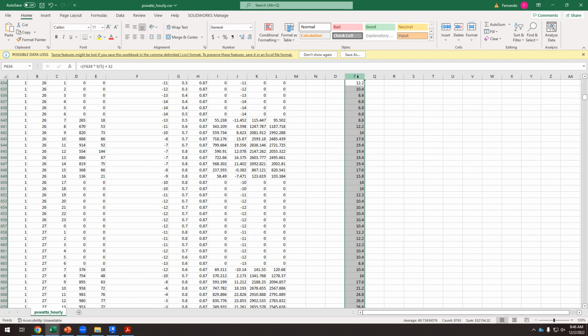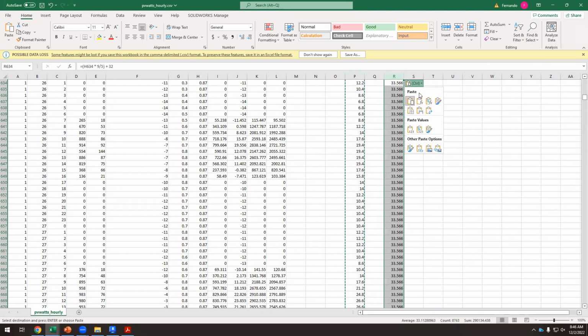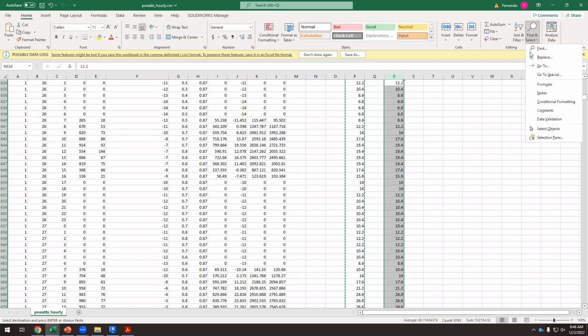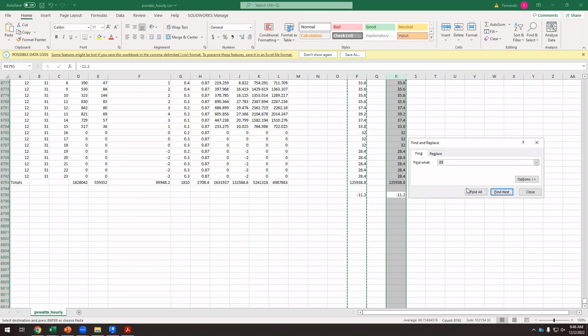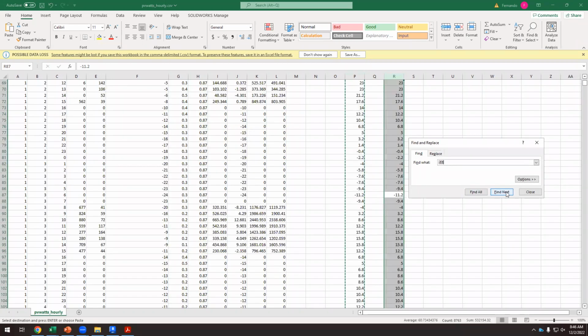Okay, so if we want to do this, I copy, I paste as numbers, okay? And then I find again a negative 11. Yes, this is negative 11, but I want to find another one. Okay, there you go. So it's on January.